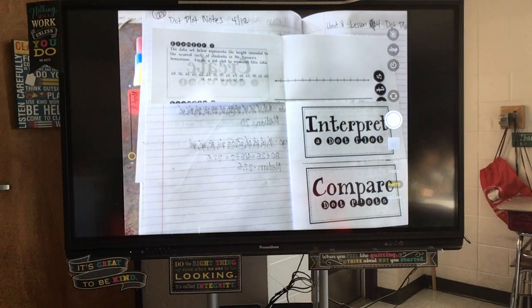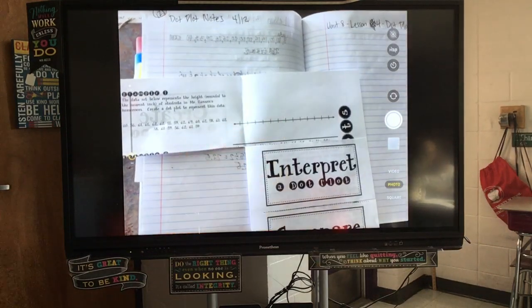It says the data set below represents the height rounded to the nearest inch of students in Mr. Hansen's homeroom. Create a dot plot to represent this data. The very first thing we need to do is put our numbers in what kind of order? Mainly just to help us with organization, right? Yes.